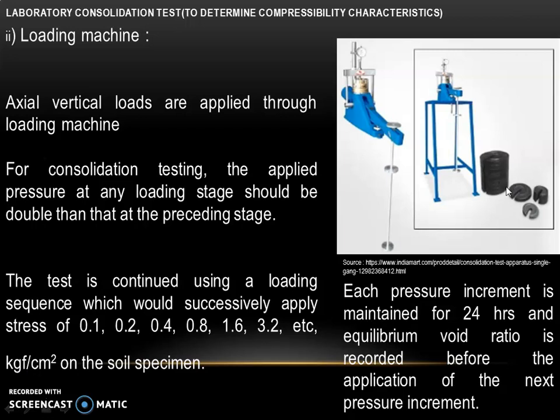And these are the weights which are used to apply the stress. Each pressure increment is maintained for 24 hours, and equilibrium void ratio is recorded before the application of next pressure increment.